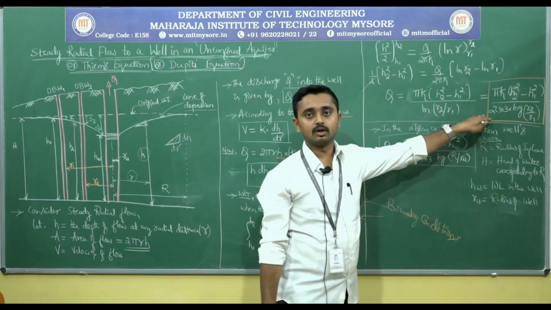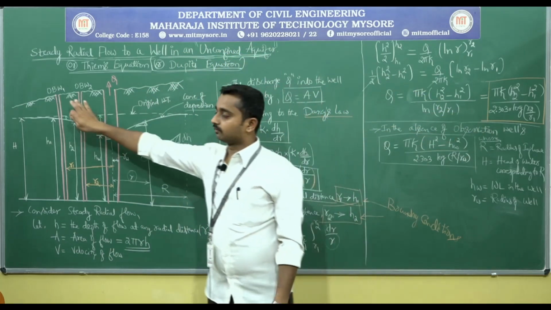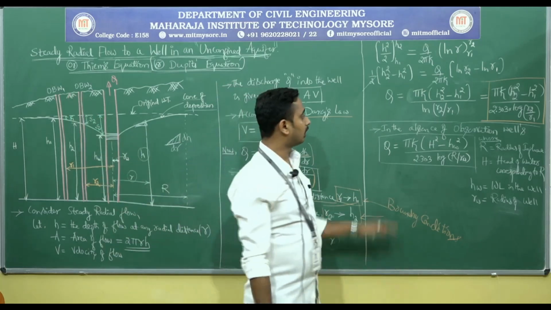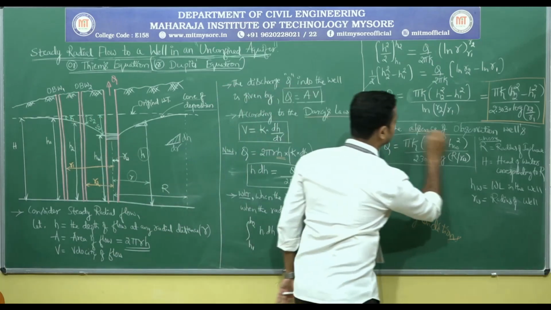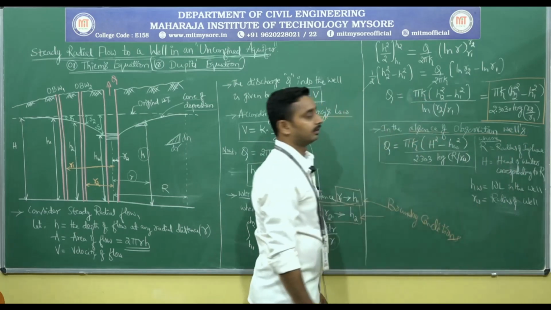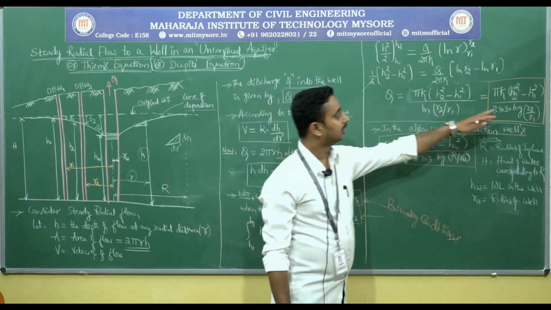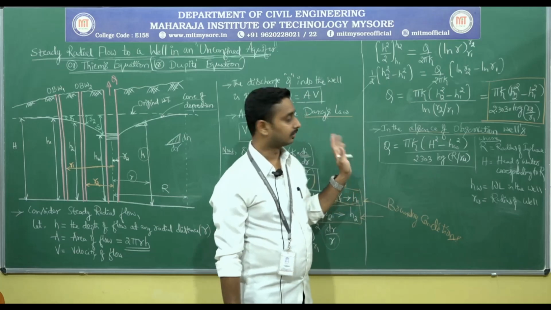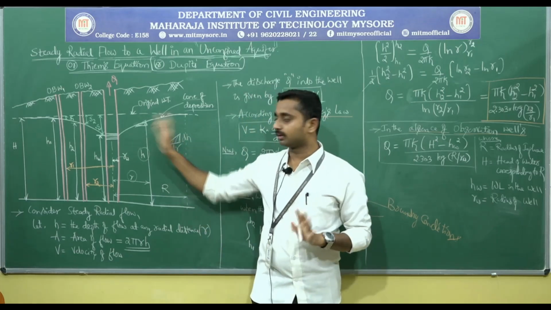This is the equation. If there is no observation well, in the absence of an observation well, just change the terminology. There is no observation well, only the pumping well is there.